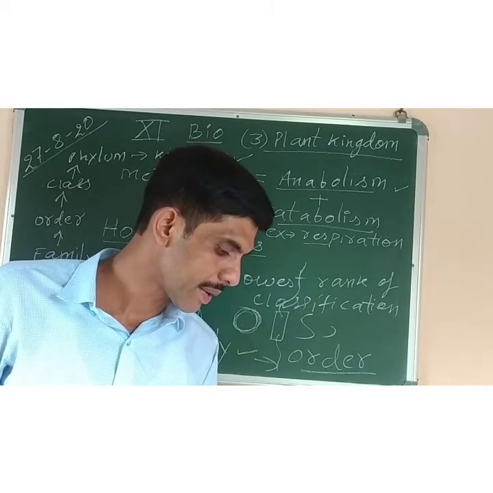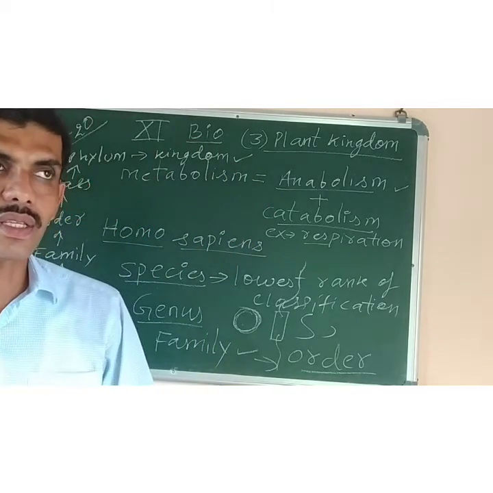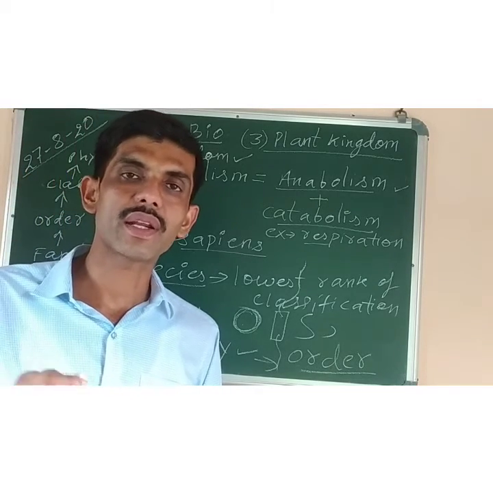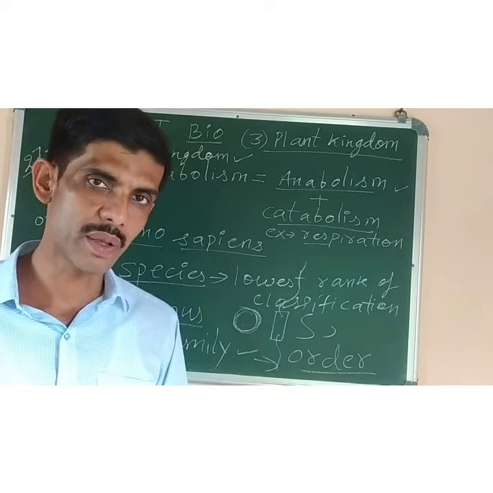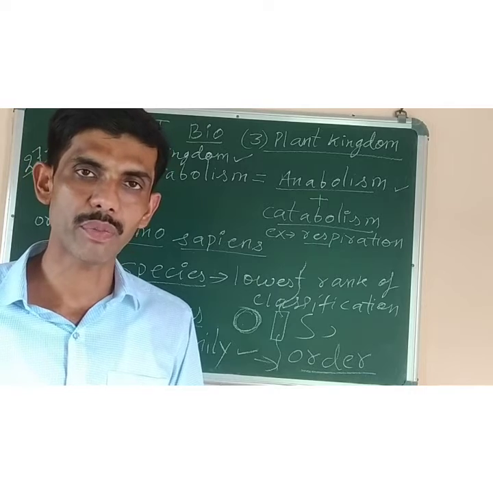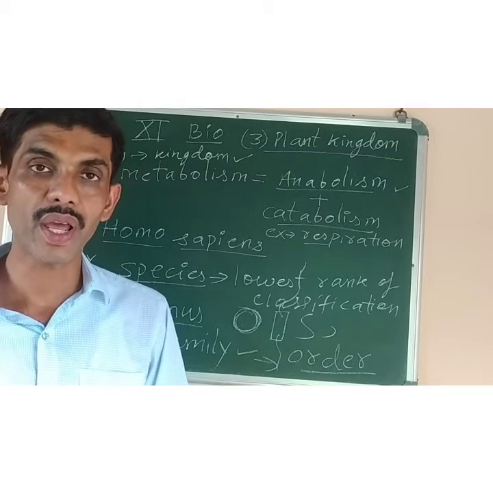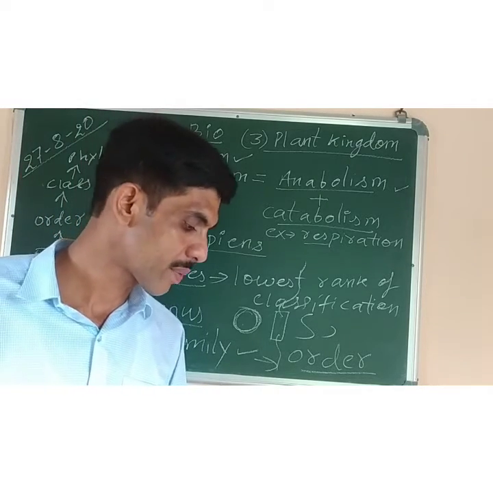For example, Euglena is such a protist that shows the characters of both plants as well as animals. It can prepare its own food as well as it shows the characters of animals.